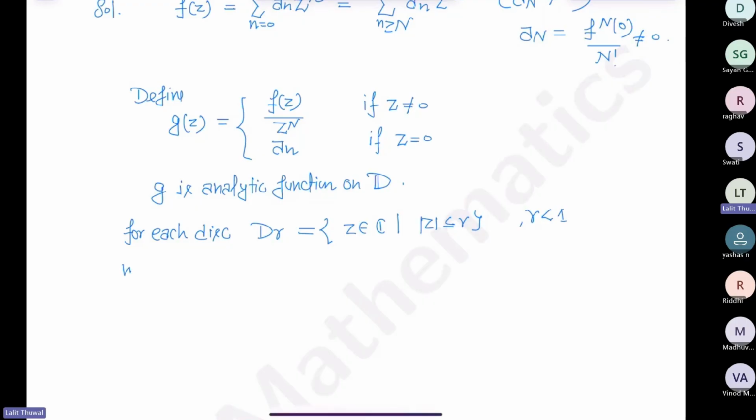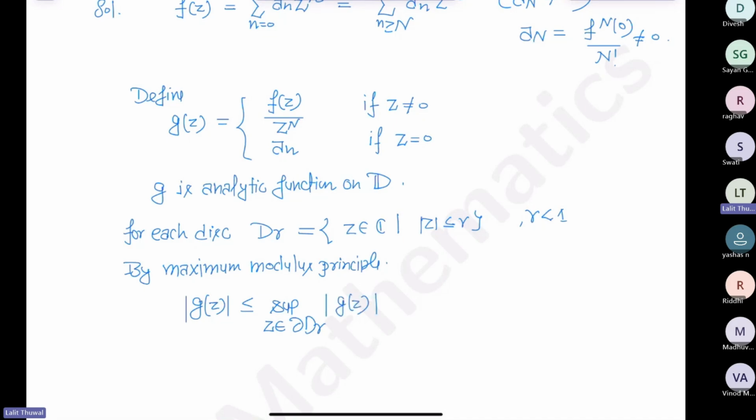We have by the maximum modulus principle that mod of g(z) is less than or equal to the supremum over z belonging to the boundary, because the supremum will be attained at the boundary. On the boundary, it is equal to the value of the function.